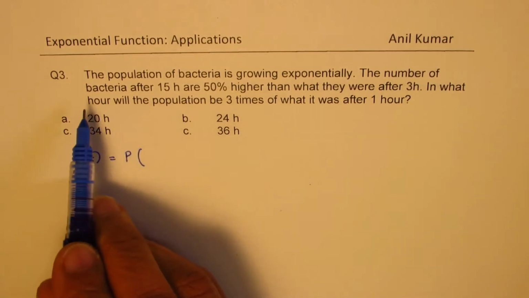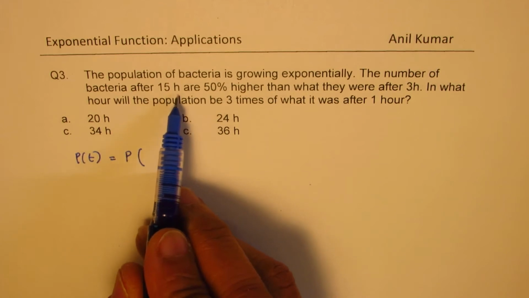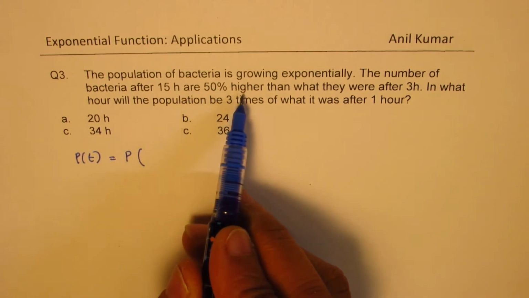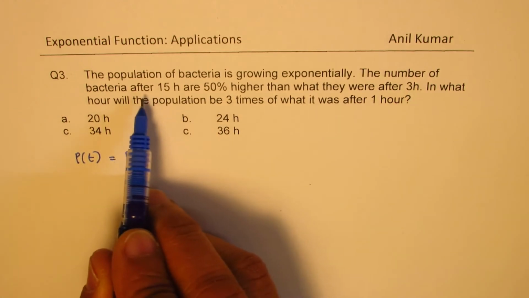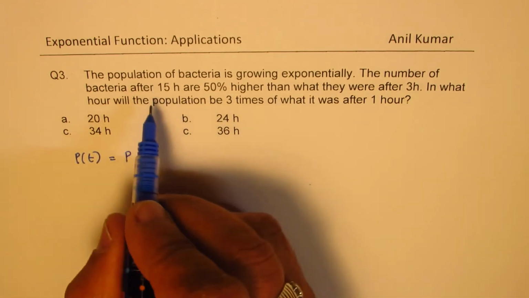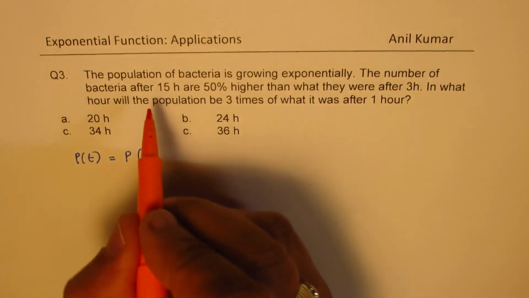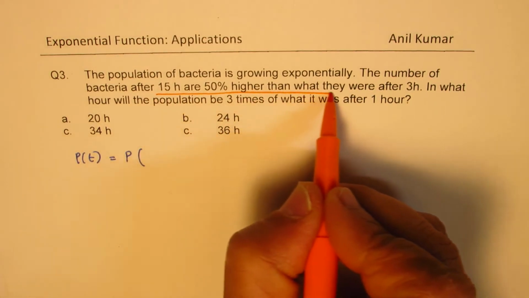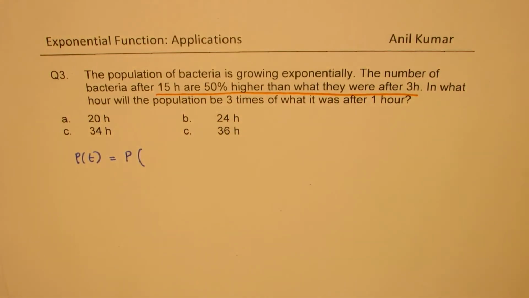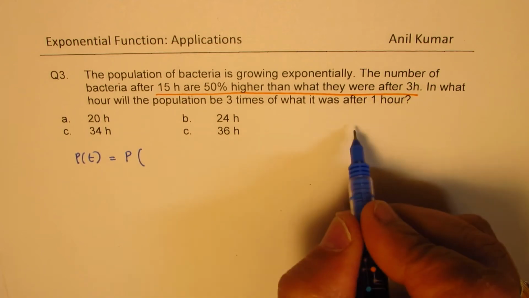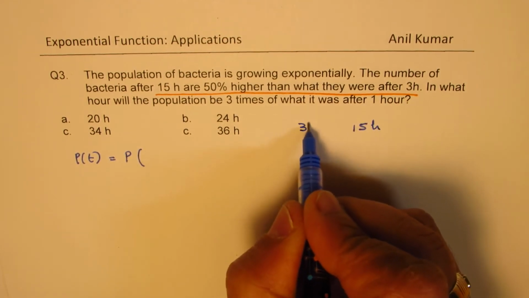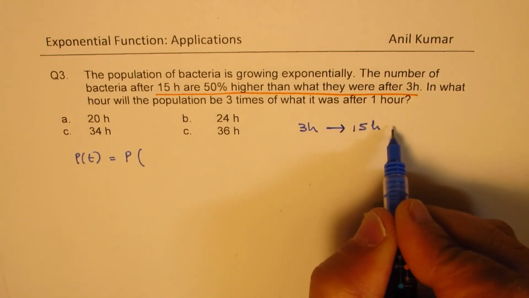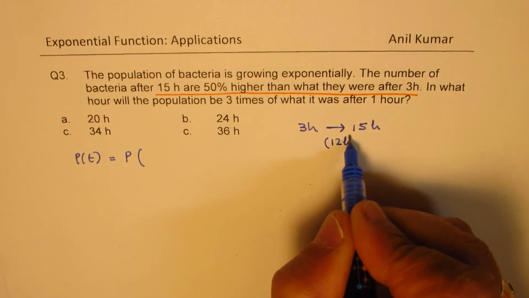Now the number of bacteria after 15 hours is 50% higher than what they were after 3 hours. So that means, let's try to understand this situation. What we're trying to say here is that from 3 hours to 15 hours, which is a 12 hour period, right?